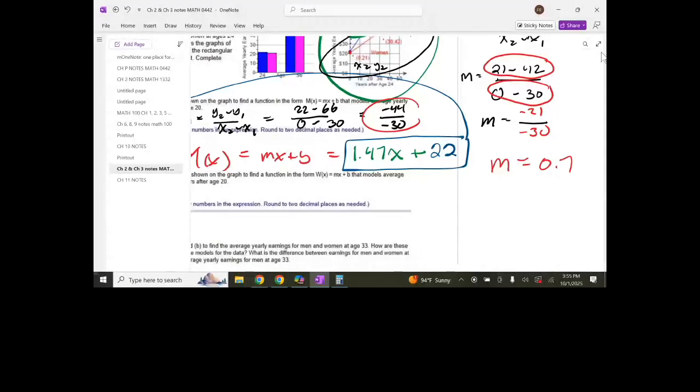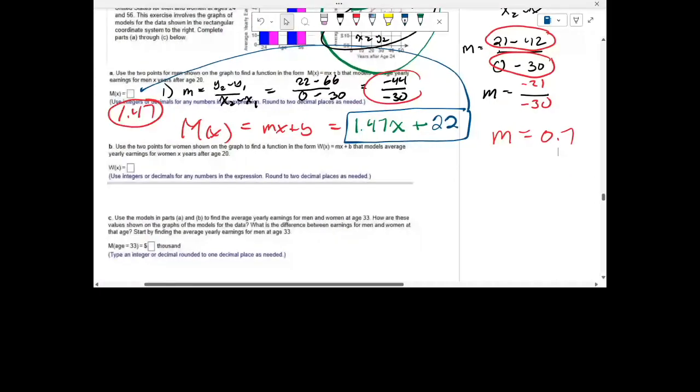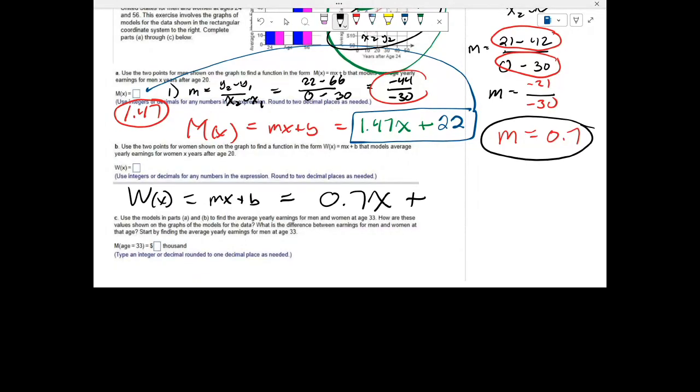Now, we're going to write out the equation, y'all. The way we're going to write the equation for this W of X, we're going to go again, the MX plus B. We just found our M, 0.7x. Okay, now what's the B part?